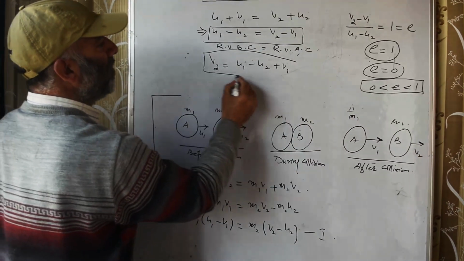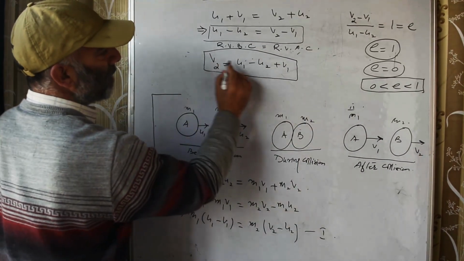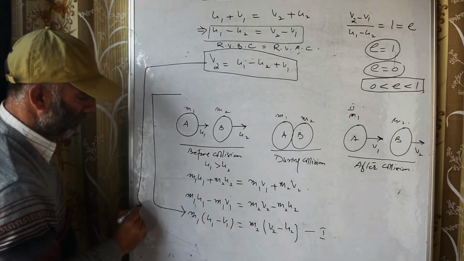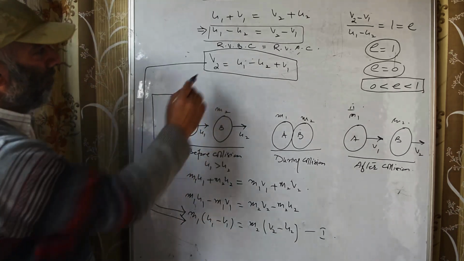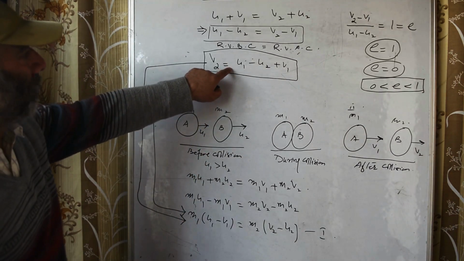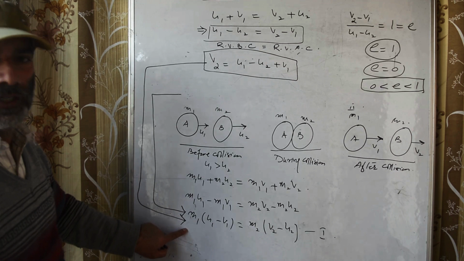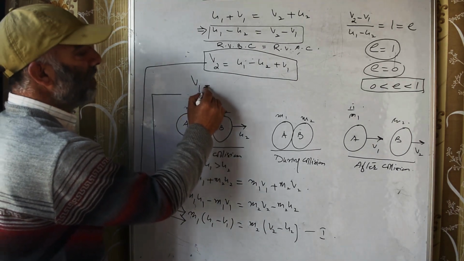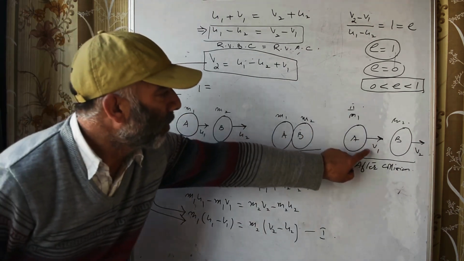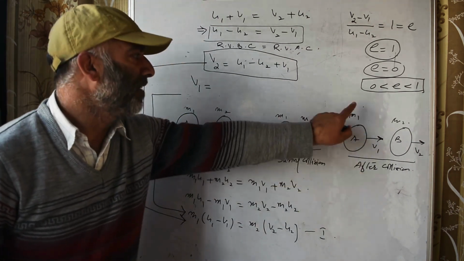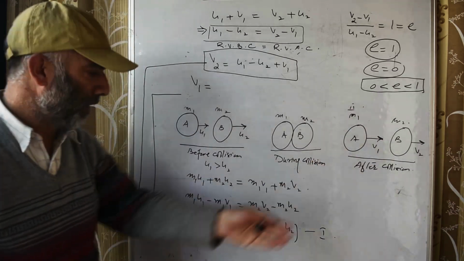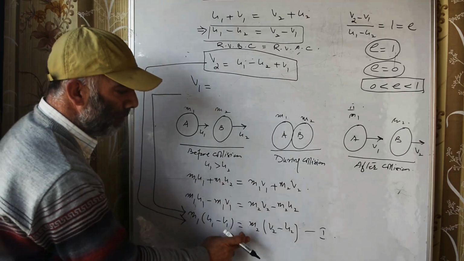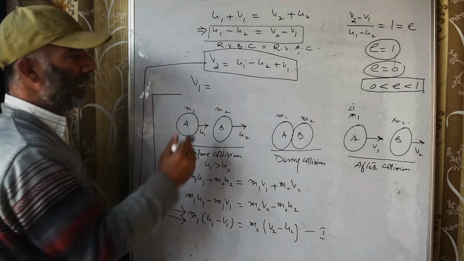If we substitute this in equation number first, what will we get? We will get the value of V1. What is V1? V1 is the velocity of the first body having mass m1 after collision. When you substitute the V2 value here, the equation will be like this.